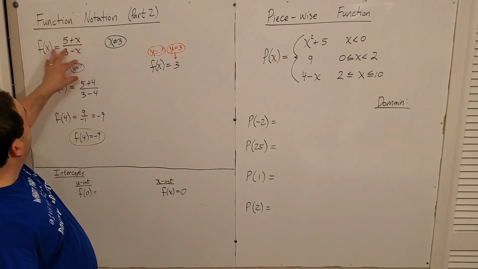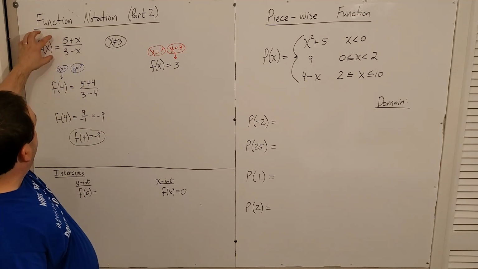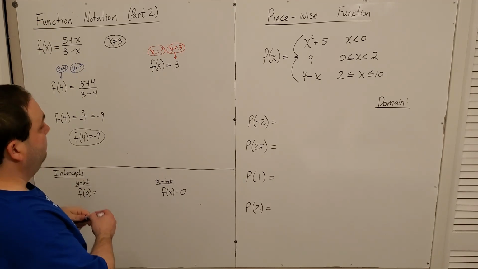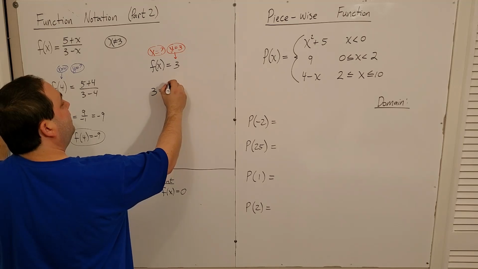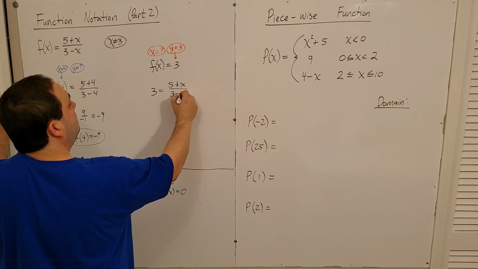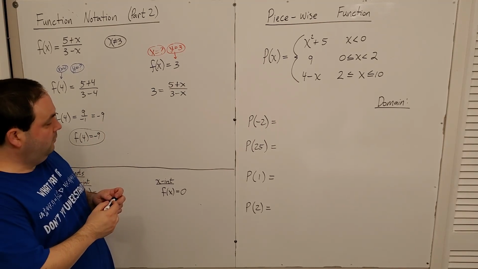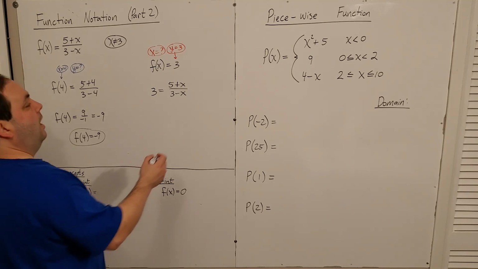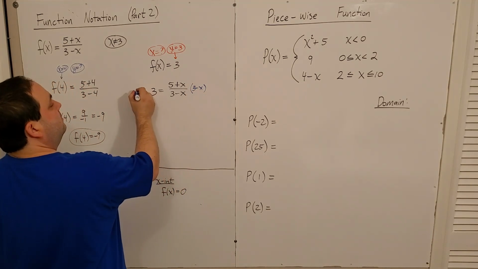I take my function, and since f of x equals 3, then f of x, I replace it with the 3 right here. So I end up with an equation instead of an expression that I can simplify. This just becomes an equation that I need to solve, right? Okay, so it's a rational equation. We've talked about those, right? I'm going to multiply both sides by 3 minus x.